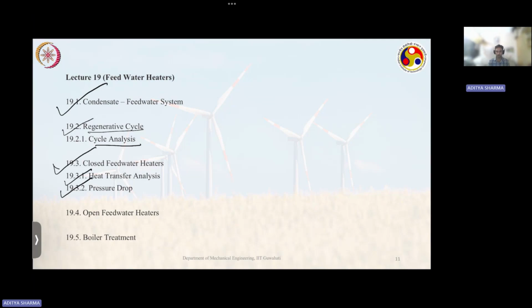So this has been discussed. And in your closed feed water heater, zoning also has been done. So this is desuperheating, then condensing, then subcooling.